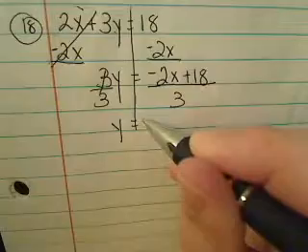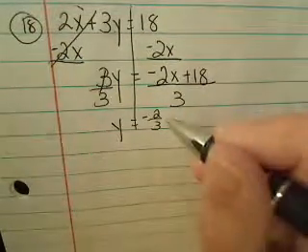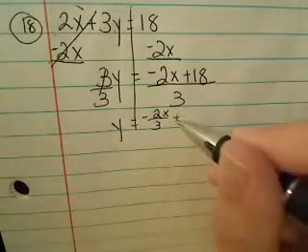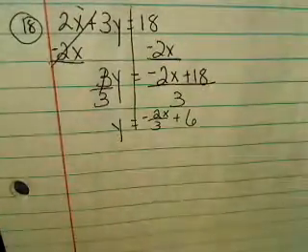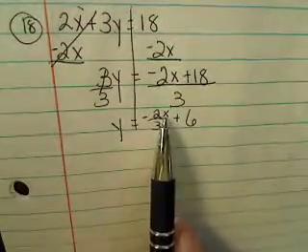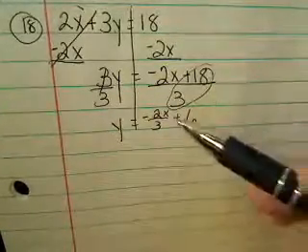So you could actually just put a negative 2/3 with an x there plus 6 and leave the negative 2x on top, 3 under it, and then just divide that part out.